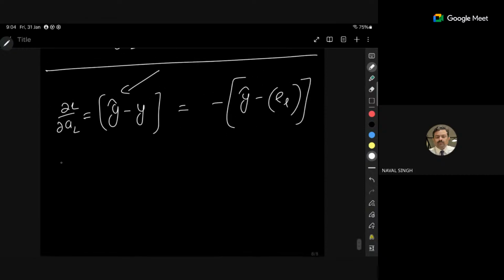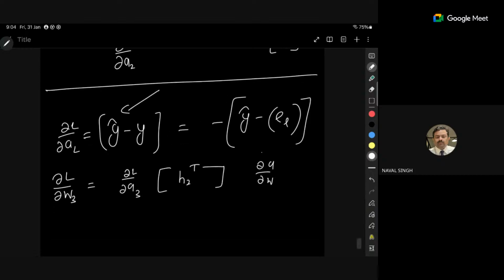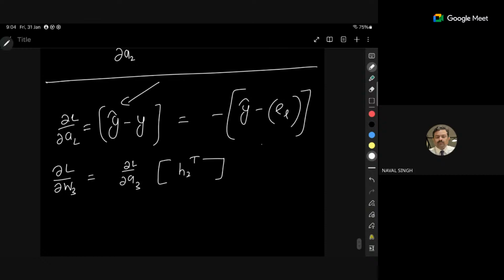Remember this for, let's say, W3: del L by del AL and for A3, then with respect to this you will get a vector. Okay, so the vector you have to transpose. Transposition of the vector at the last layer. So whatever derivation comes up at the last layer, del A by del W, you always take the transpose. Okay, this vector, just remember.